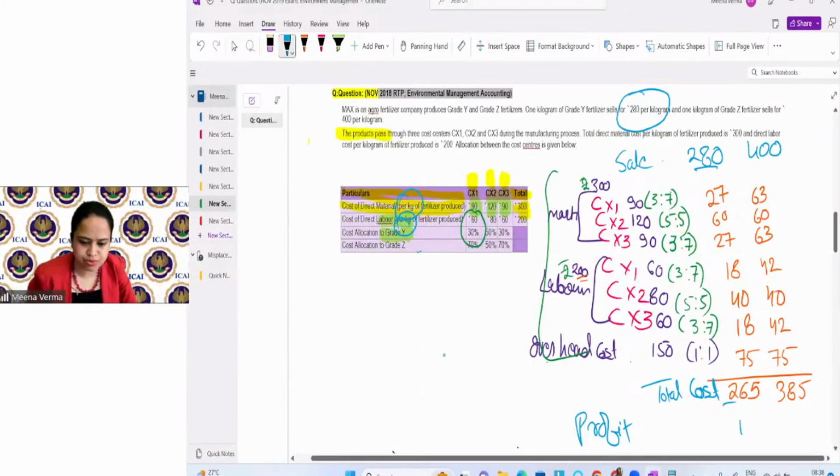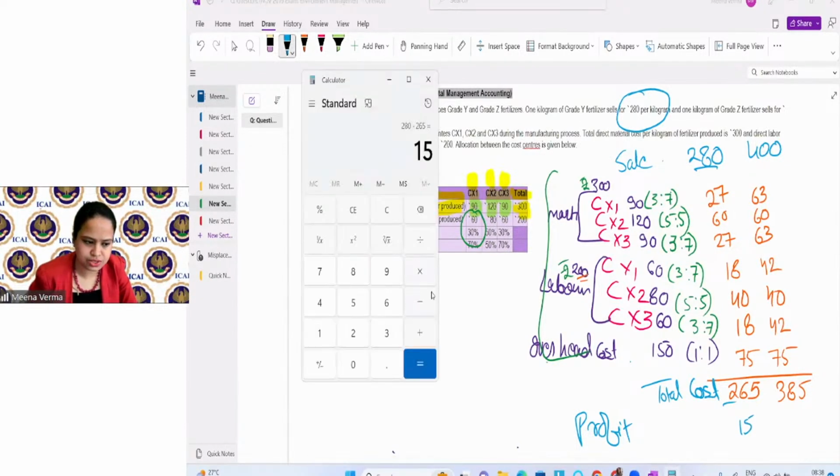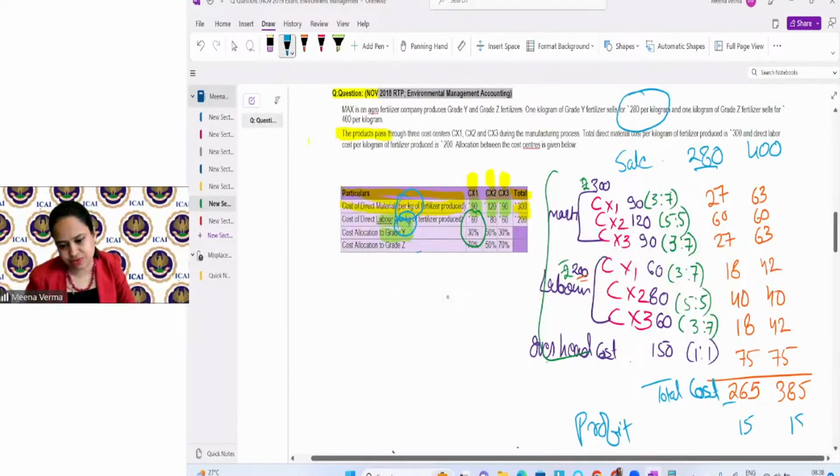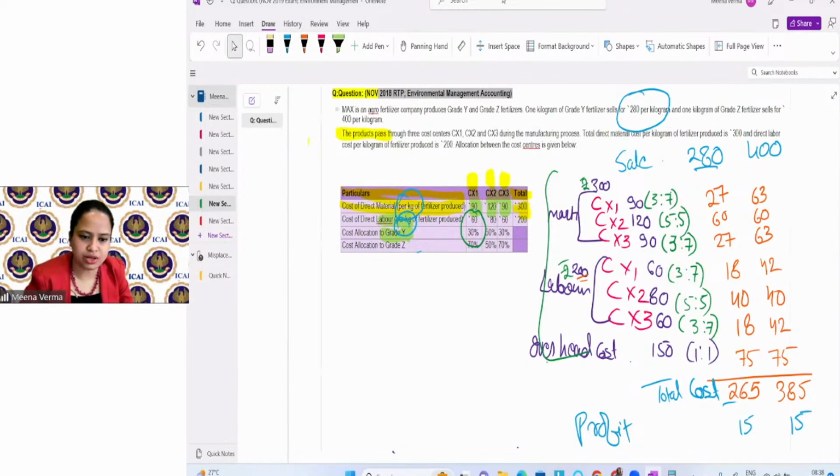So 15 is the profit here. And for the next one, it is 400 minus 385. I think it is coming as 15. So this is coming here as profit for both the products. Is it okay? Is there any doubt? Please write in the comments if you have any doubt.